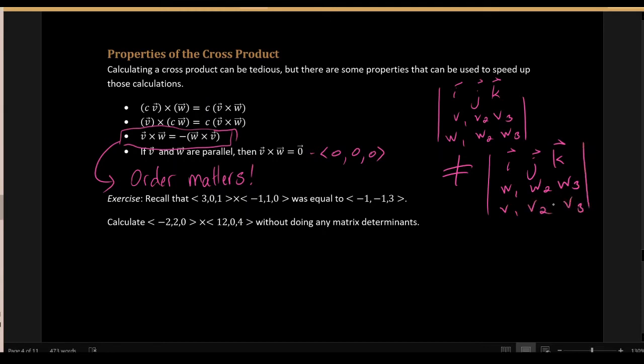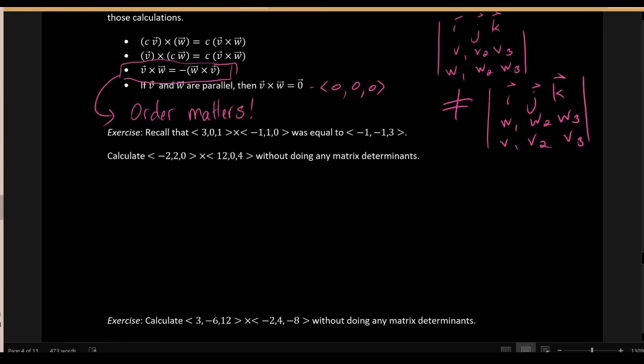As a matter of fact, if you swap the order of the two vectors in the cross product, the two results will be exact opposites of one another. So if one of them has positive components, the other one will have negative components.